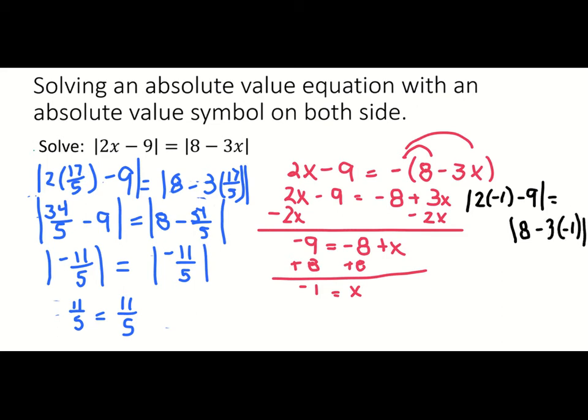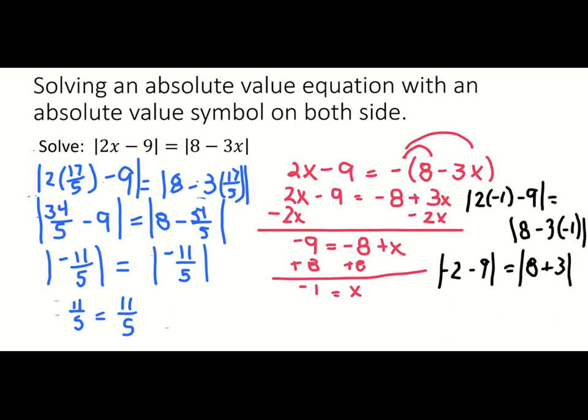So when we do the math here, for the first one, 2 times negative 1 will give me negative 2 minus 9. And that's going to be equal to the absolute value of 8 plus 3.